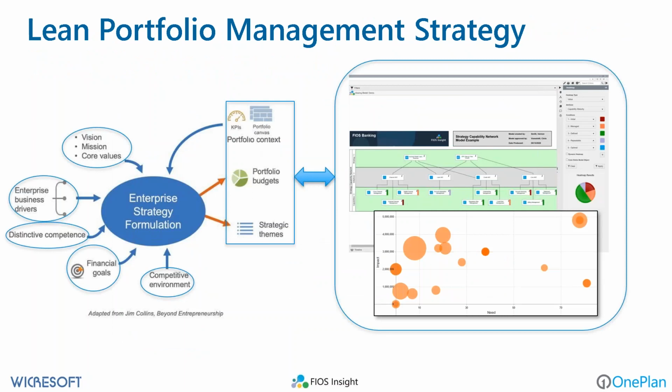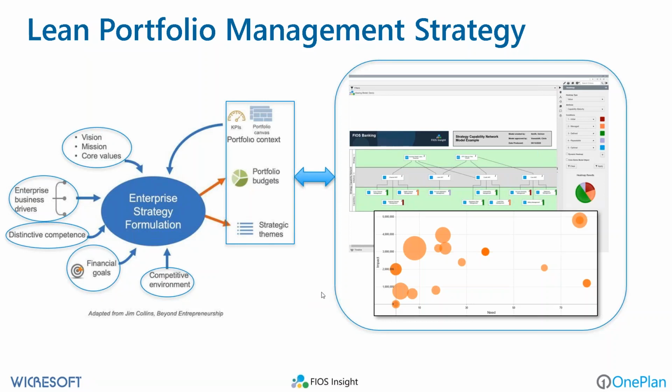So one underpinning is the strategy component within lean portfolio management, and I have here highlighted some of the elements that might already be within your organization: mission, vision, core values. You can see business drivers, goals. All of those will be needed for us to develop our strategic themes, our portfolio budgets, and our portfolio context. But in reality, all these probably already exist, and if you were to formalize them within business architecture, it would be much easier for you to get to them.